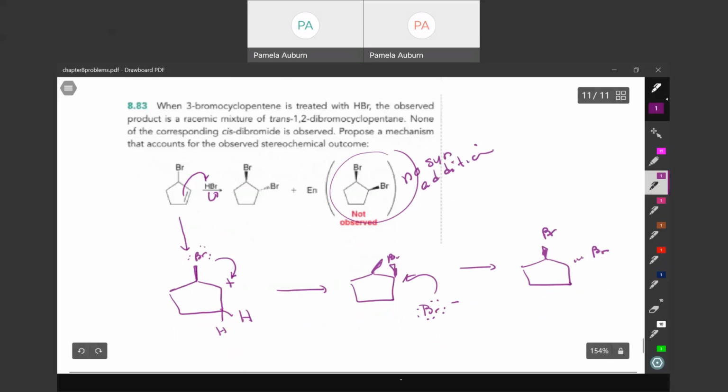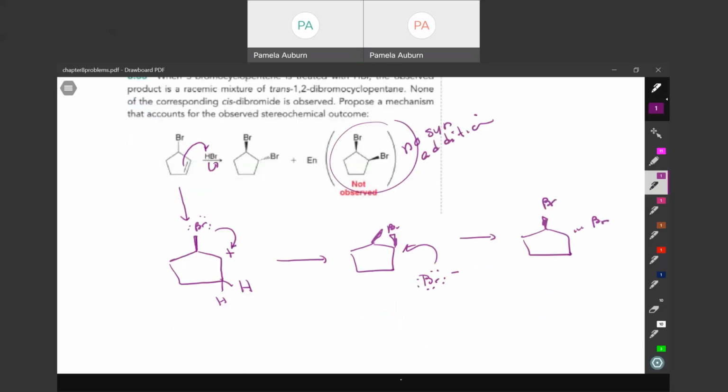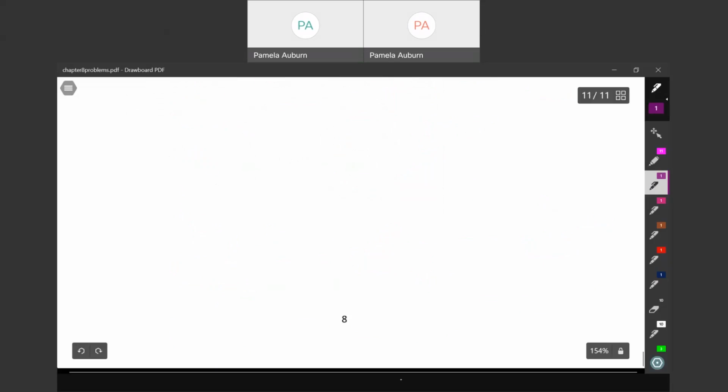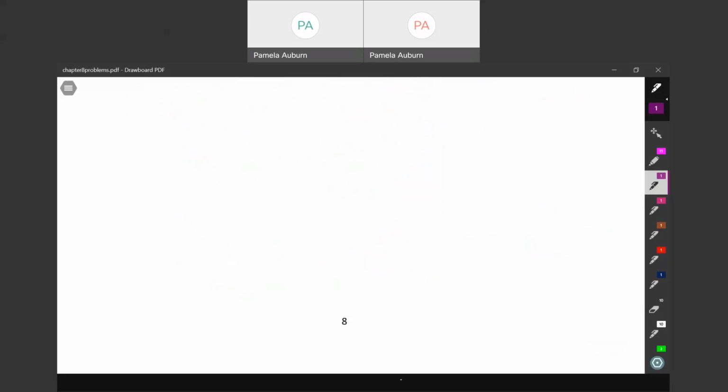And the way that you did that was by taking the pi electrons acting as a Lewis base and doing proton transfer to HBr. And of course, you get plus Br minus here. And in the next step, that Br minus acts as a nucleophile on the bromonium ion, and that gives you anti-addition. And I'm pretty sure that's the last one I had.